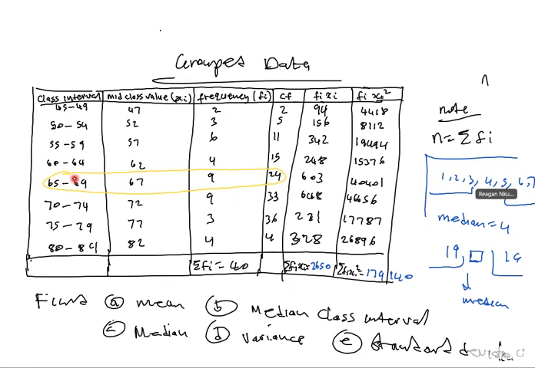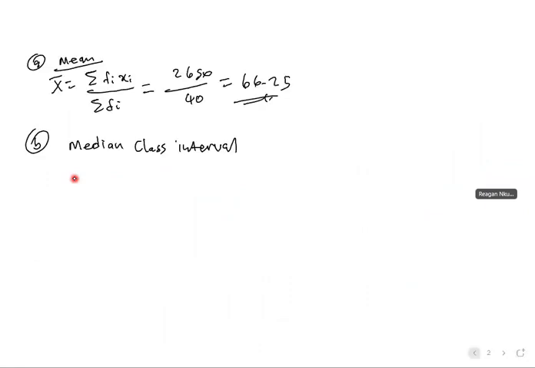And so we say the median class interval is simply 65 to 69. So that's how you get the median class.